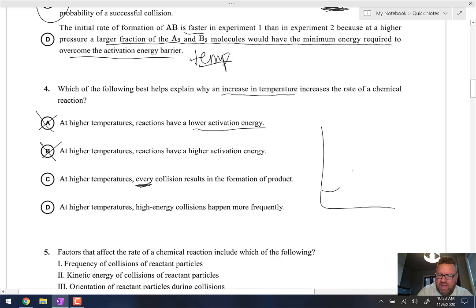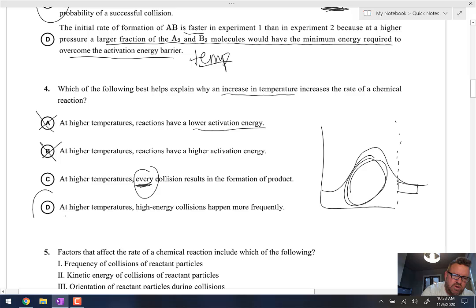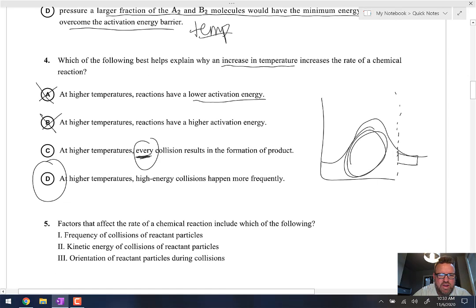Remember when we draw that curve and we say, here's the activation energy barrier. Here are your particles that have enough energy to overcome that barrier. A lot of them still don't. So to say that every collision results in the formation of a product is a no. But at higher temperatures, high energy collisions happen more frequently. They hit each other more often and with more energy. So answer D is absolutely correct.